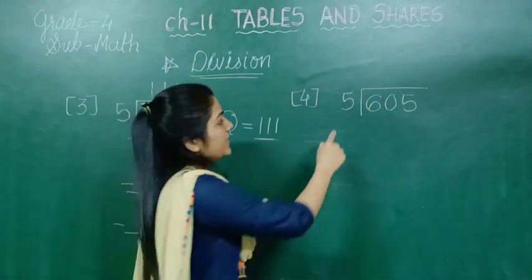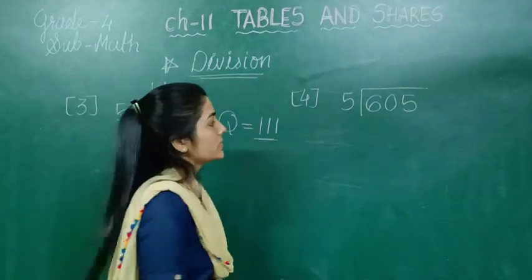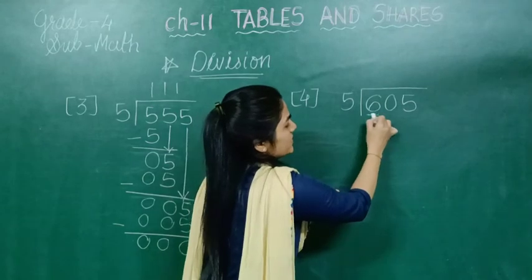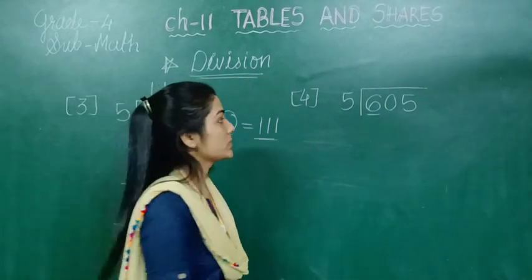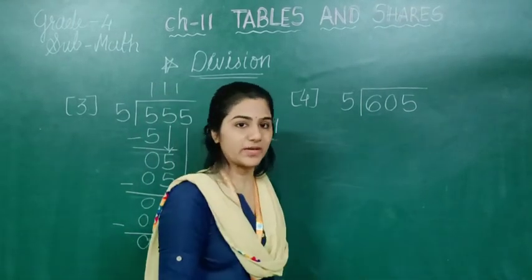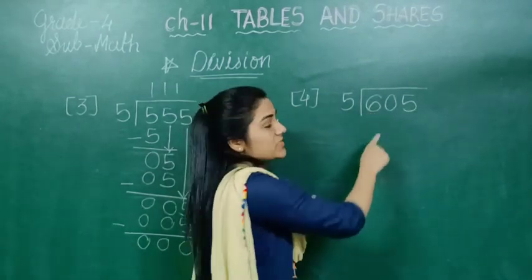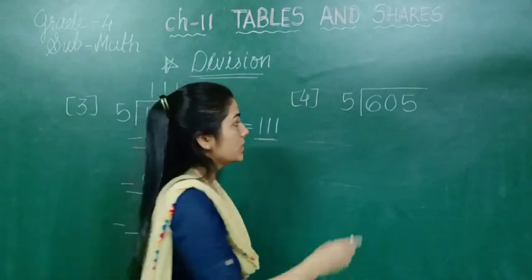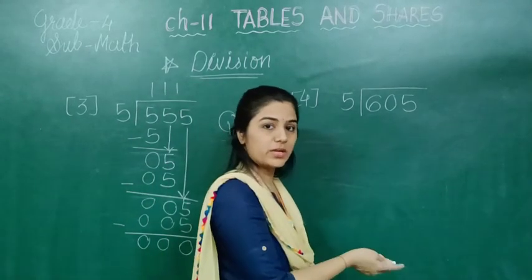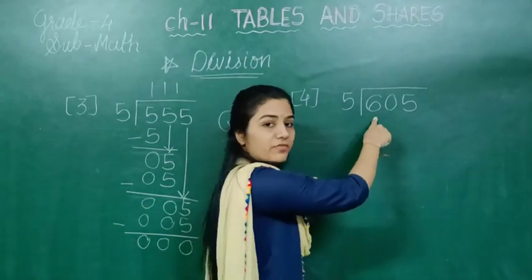605 divided by 5. You can see the first digit is 6. So 6 is bigger than the 5 because the table of 5 is given, and 6 is inside the first digit. So we can use the table of 5, means we can use one digit only.